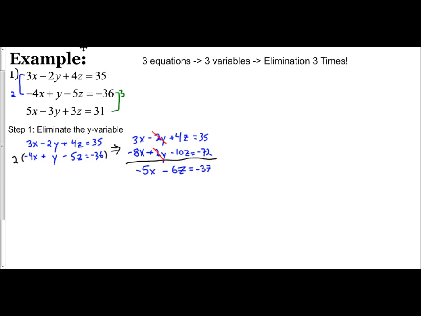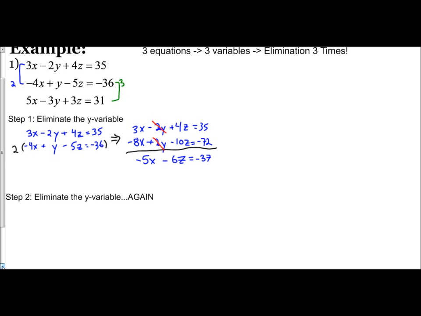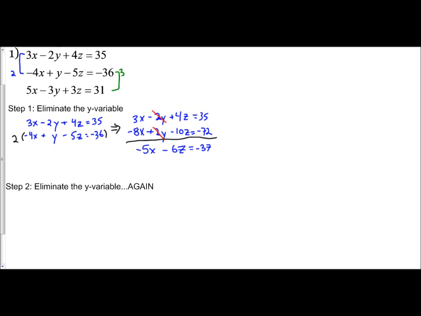So I'm going to eliminate for step 2, eliminate the y variable again. But this time we're going to do it in our second pairing. We're going to pair the second equation and the third equation together. And again, color coding this so I can see all the steps.